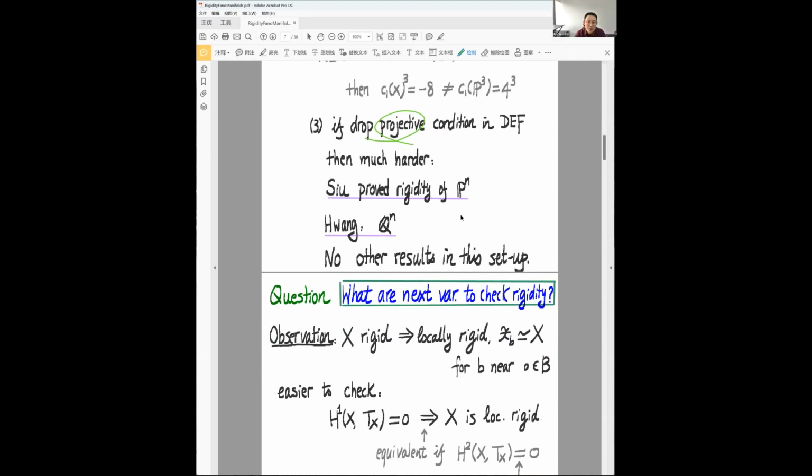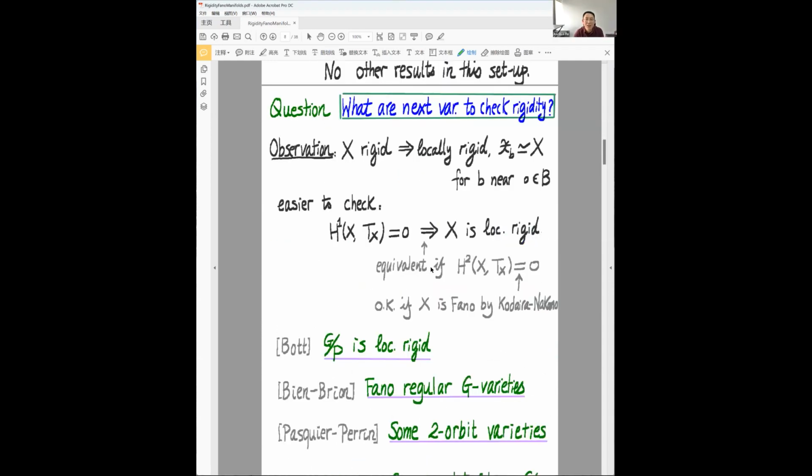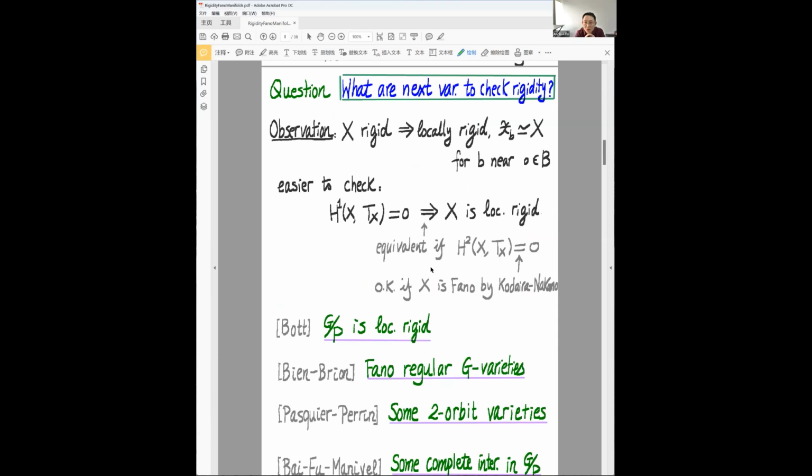So we know this Pn. The next question is what are the next varieties to check this property? The first observation is if X is rigid, then it's locally rigid. Locally rigid means the nearby fibers are isomorphic to X. But this is a condition which is much easier to check, by taking the first cohomology of the tangent bundle.